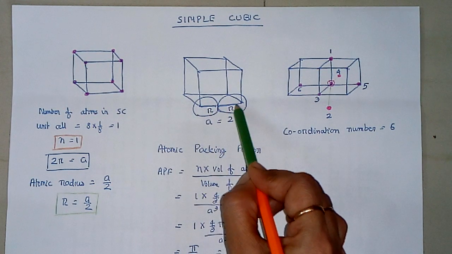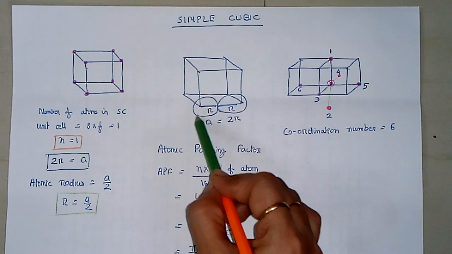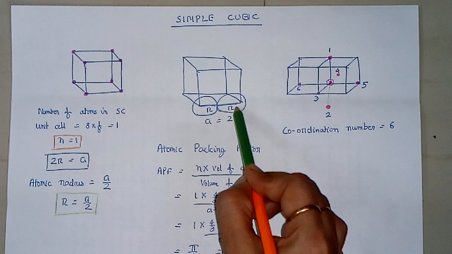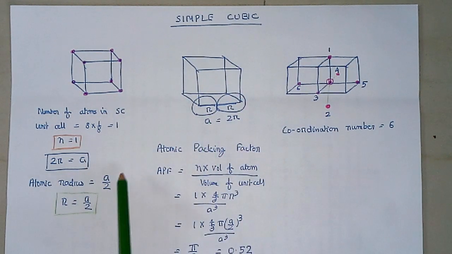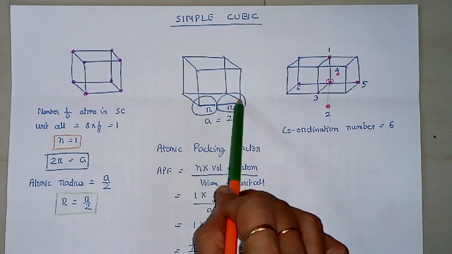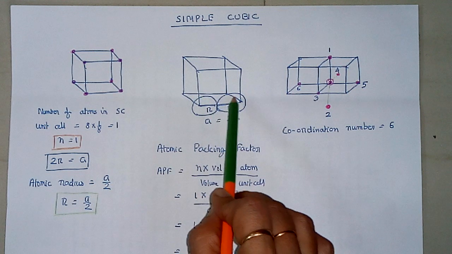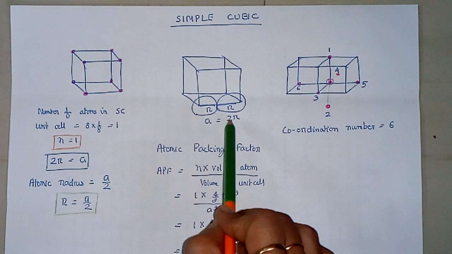For this simple cubic lattice, we can see A equals 2r, that is, atomic radius r equals A upon 2, where A is the side of the cube. Since these 2 atoms are in close contact with each other, we can say r equals A by 2.